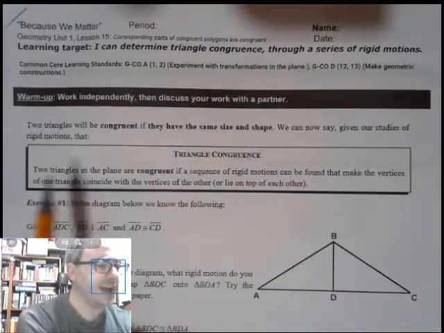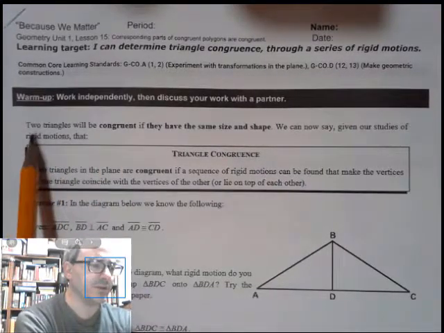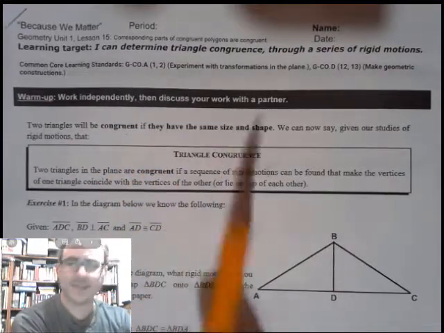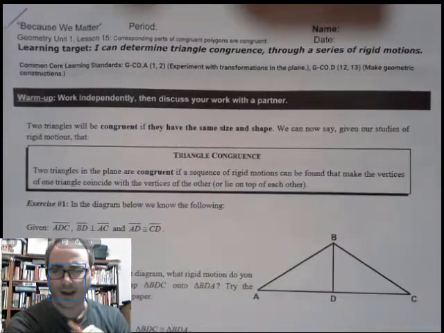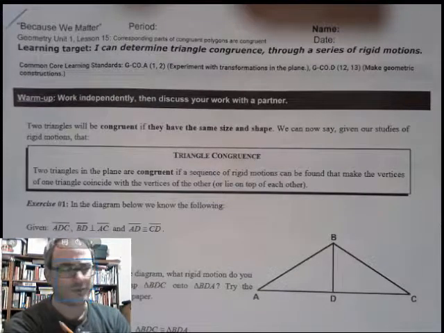I'm giving a little directions here, some notes. Two triangles will be congruent if they have the same size and the same shape.